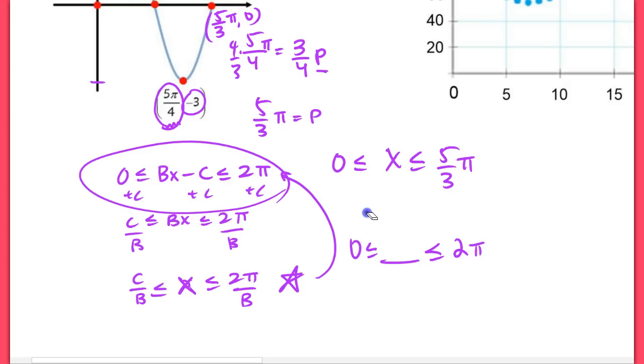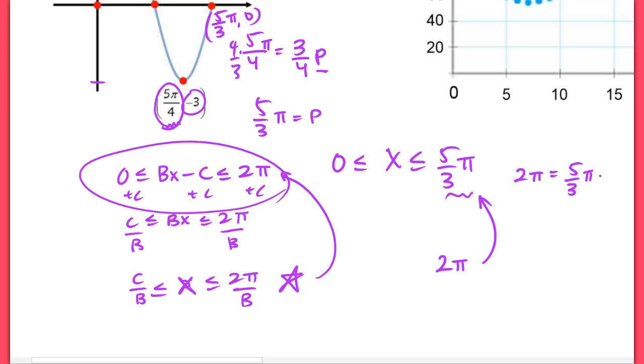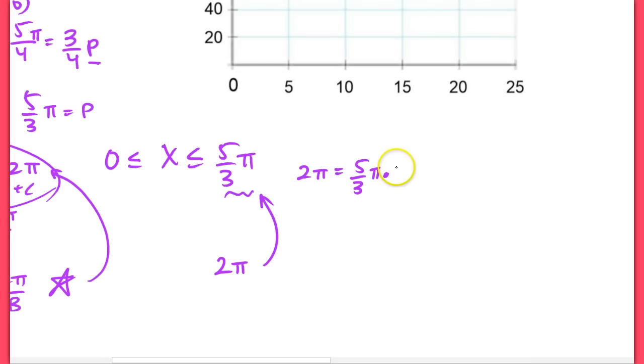So let's start. Obviously, I don't have to add or subtract anything to get that 0 to stay 0 on one side. Really, all I need to do is adjust this 5/3 pi. So I want to get from 5/3 pi to 2 pi. Well, I would have to multiply that 5/3 pi by some value. I'm going to call that, let's use a totally different variable for it, z.